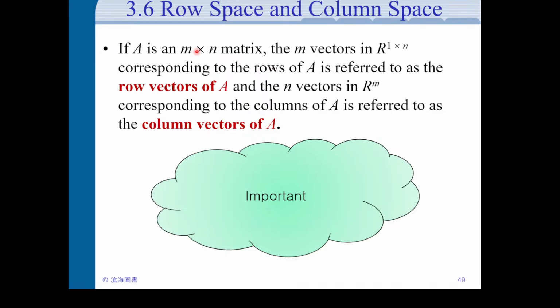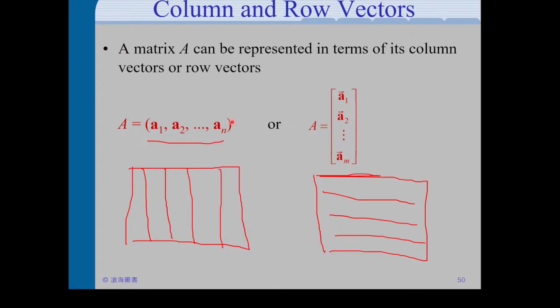And so first we can define two vector spaces associated with any matrix. So we have any matrix A, that's an m by n matrix, and we can think of its rows as vectors, and its columns as vectors, so we have those row vectors and the column vectors. This we actually already defined in chapter 1, so here's the review.